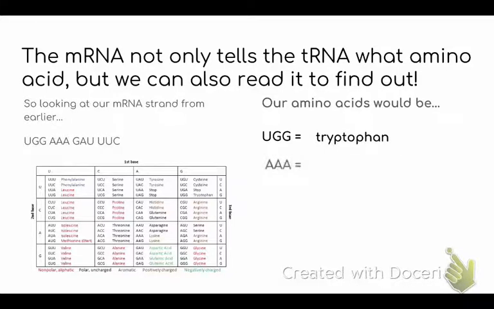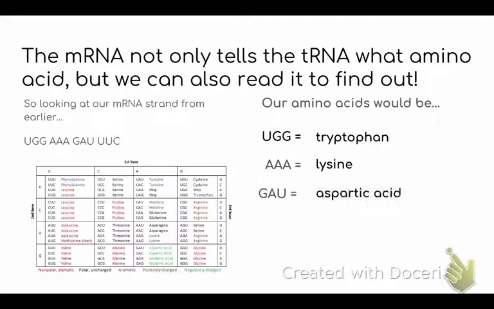Let's look at the next one, AAA. So you first find the row, then the column, and then the third base. So AAA would code for lysine. All right, and we can see that on the chart right there. How about GAU? What would the base be for GAU?